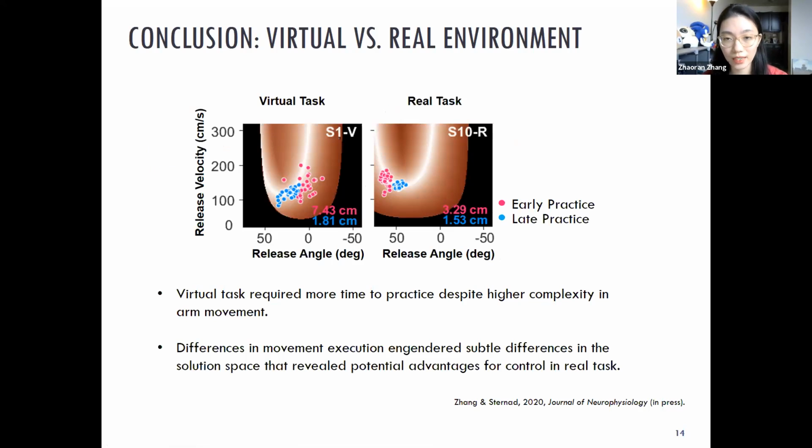One possible explanation is that in the real task, although we instructed subjects to only release the bar at a certain area, they can still choose a different place to release that modifies the solution manifold. Maybe they can take advantage of this change in solution manifold to control the task better.